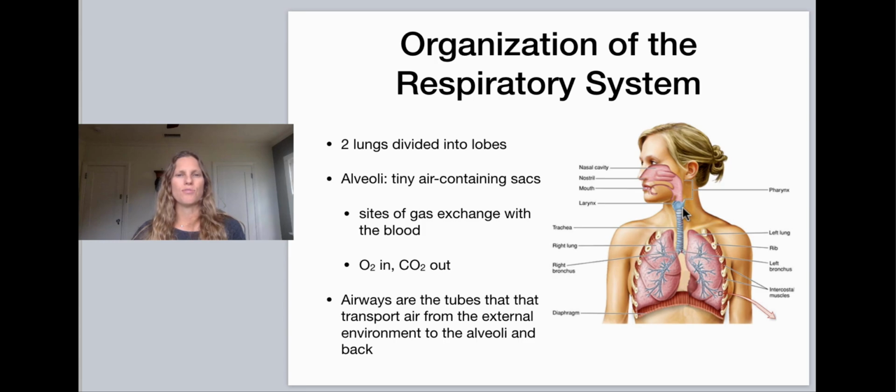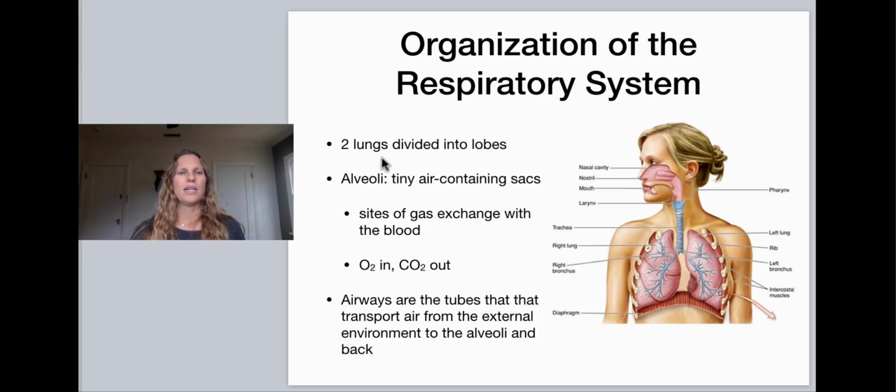Then we go down this tube, which is the trachea. The trachea then splits, or bifurcates, into two tubes. Those are the primary bronchi, the right and the left. From the primary bronchi, we go into secondary bronchi, tertiary bronchi, alveolar ducts, and ultimately alveoli.